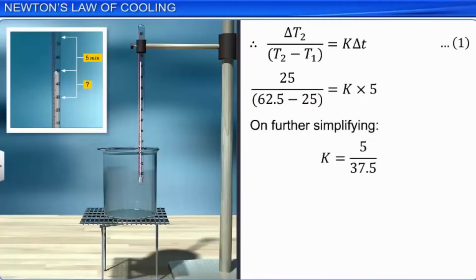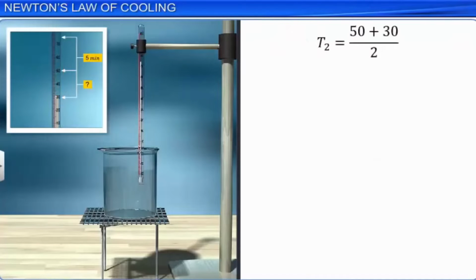Now, the values to calculate the time for the water to cool from 50 degrees Celsius to 30 degrees Celsius are as follows. The average of 50 degrees Celsius and 30 degrees Celsius is 40 degrees Celsius, and hence T2 is equal to 40 degrees Celsius. T1 is equal to 25 degrees Celsius. Delta T2 is equal to minus 20 degrees Celsius.